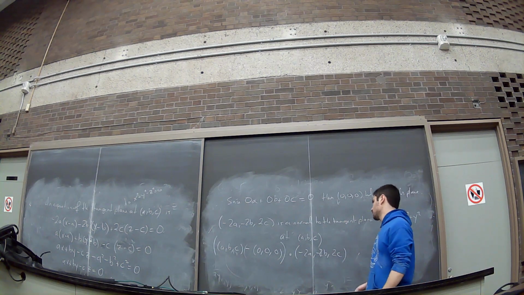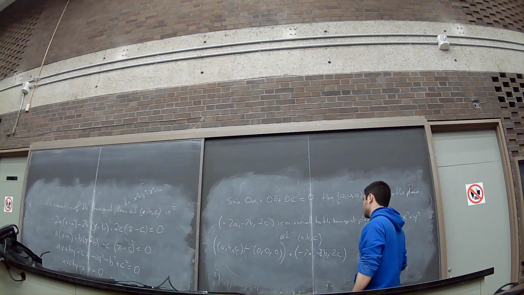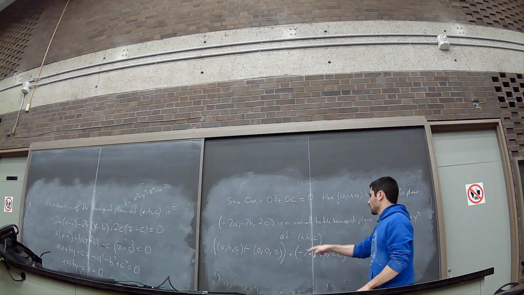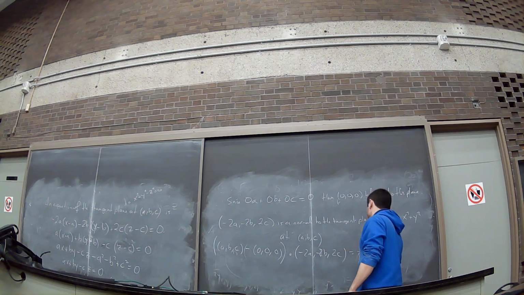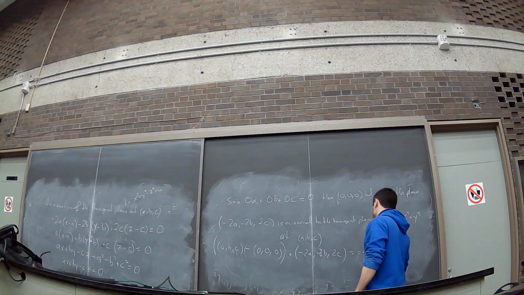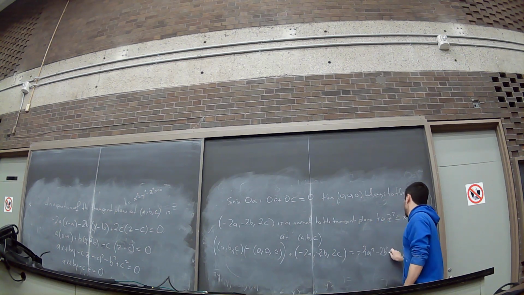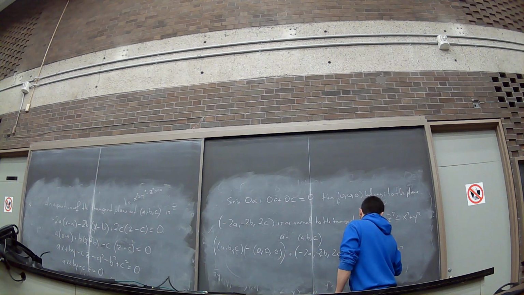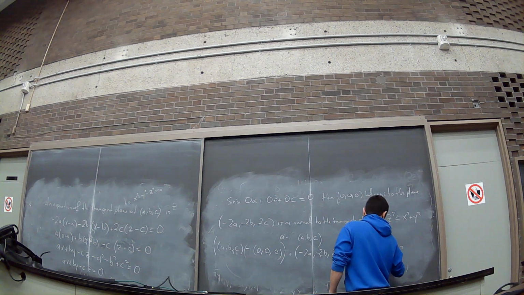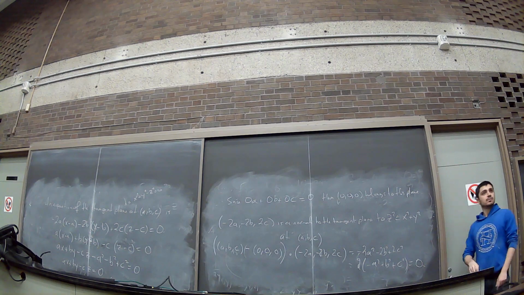What do you get here? You get minus 2a squared, minus 2b squared, plus 2c squared, which is 2 times (minus a squared minus b squared plus c squared), which is 0.